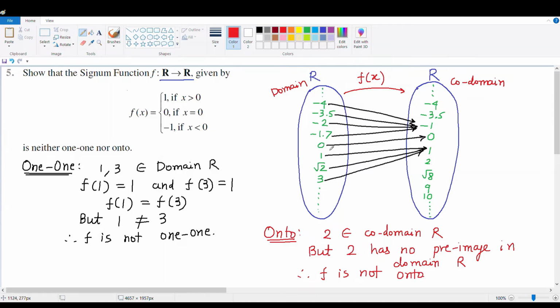Because there is no number from the domain that is connected to that 2. You could have written -4, square root 8, or 10, any example. You just need to pick one counterexample, which is enough to prove that the function is not onto, or not 1-1, which we just did. So question done, or you can even write that hence proved.